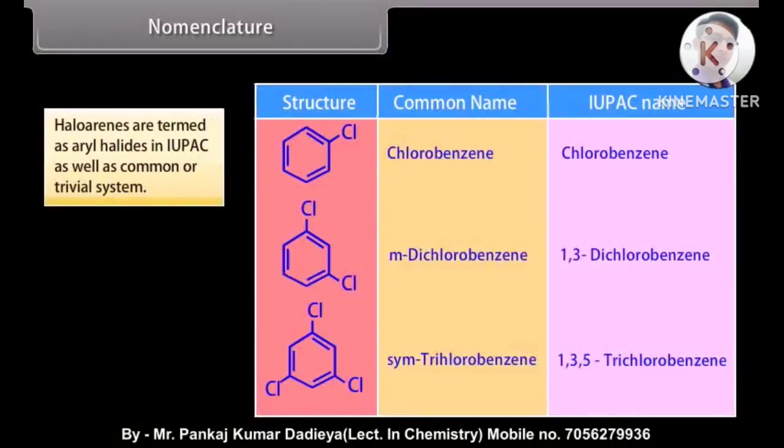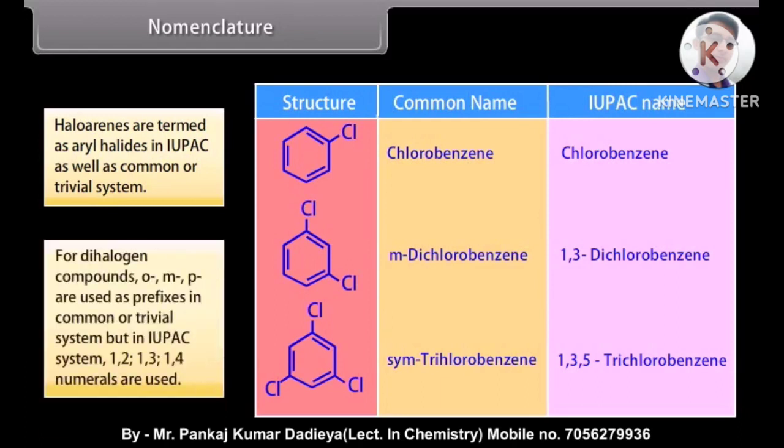Haloarenes are termed as aryl halides in IUPAC as well as common or trivial system. For dihalogen compounds, ortho, meta, and para are used as prefixes in common or trivial system, but in IUPAC system, 1,2, 1,3 and 1,4 numerals are used.